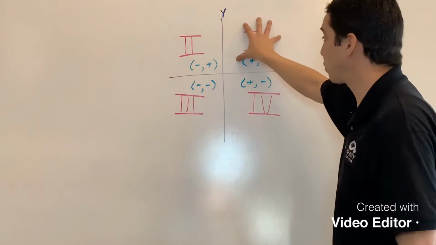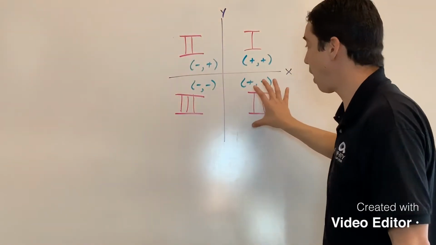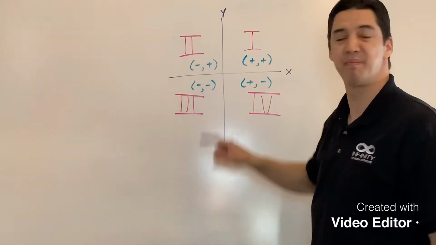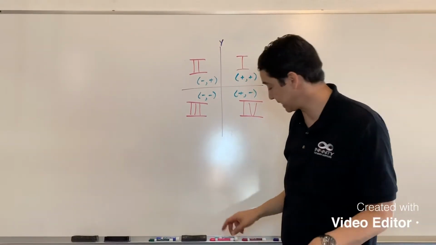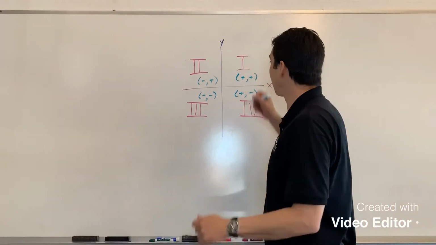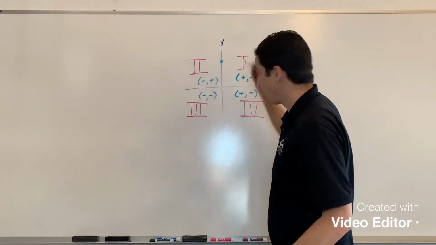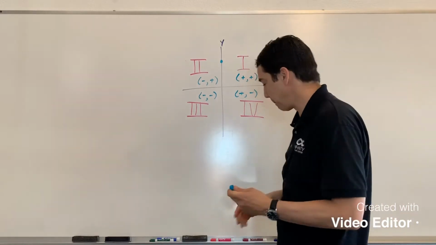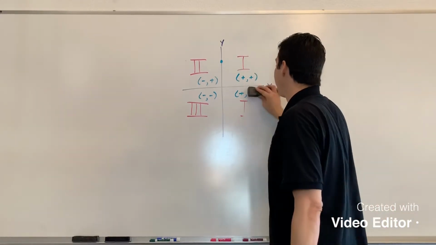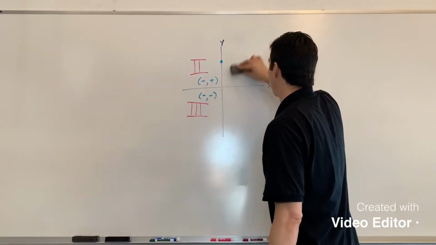So if it's here, it's 1, 2, 3, 4. On the lines, not necessarily in a quadrant. So if they ask you what quadrant the point 0, 5 is, that is not in a quadrant. So I would say not applicable.